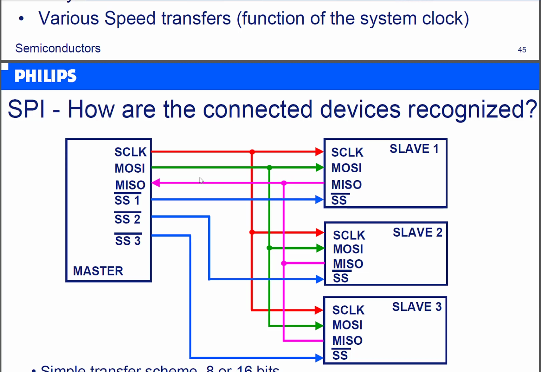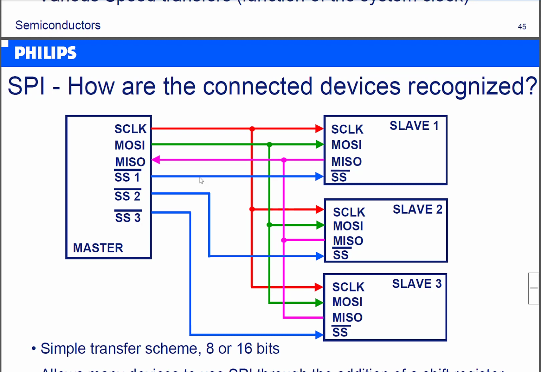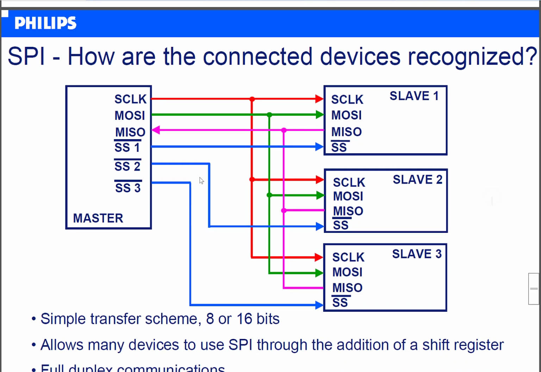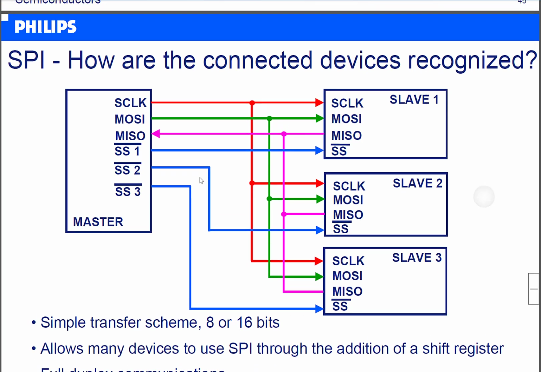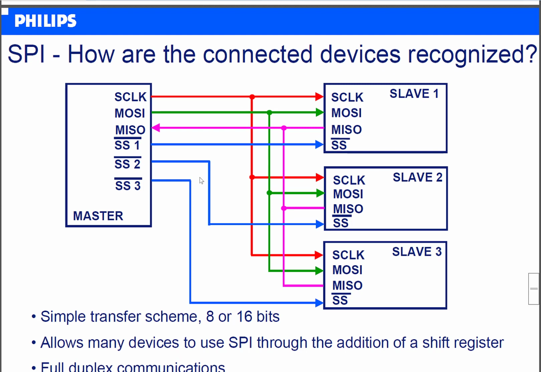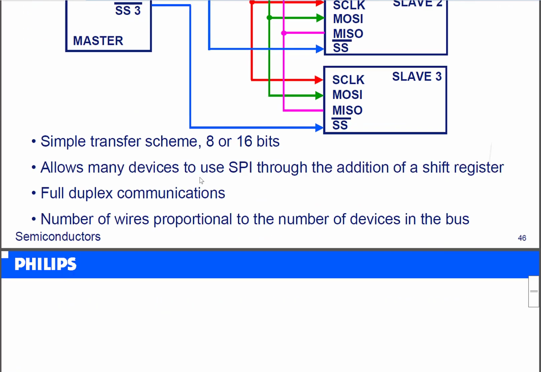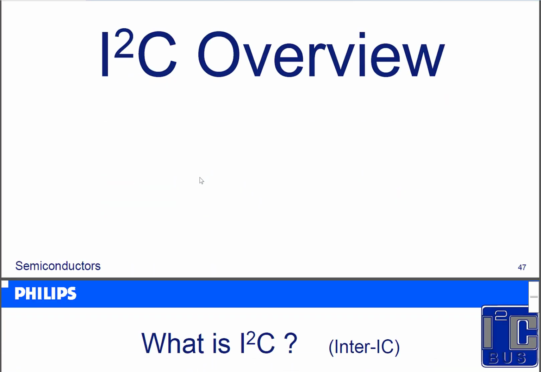Typically, the number of connections accumulate because you need a slave select for every slave device on the system. So although you may only have 3 wires for the actual serial communication, you need 3 plus n, where n is the number of slave devices you're communicating to.